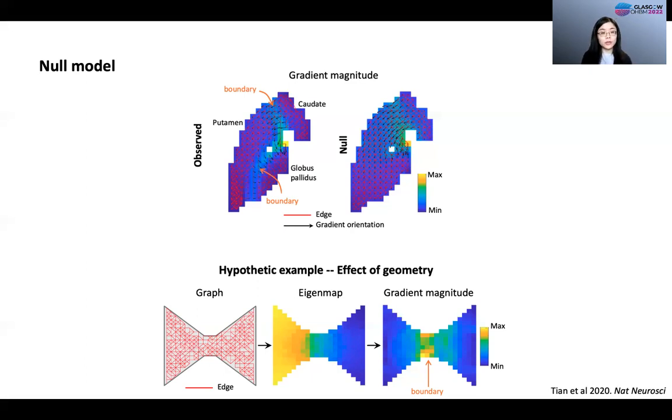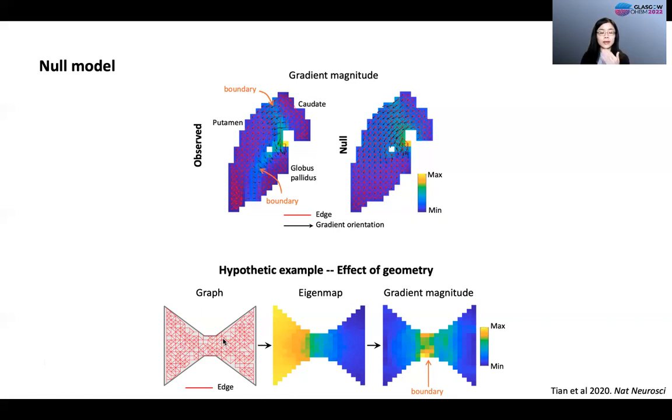Those randomly placed edges, especially across the bow tie area, are consistent with a uniformly distributed gradient magnitude, a uniform spatial gradient, which means that the rate of change in the gradient is homogeneous across the extent of the bow tie.